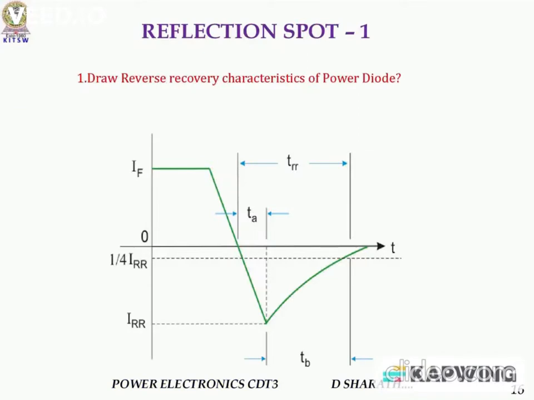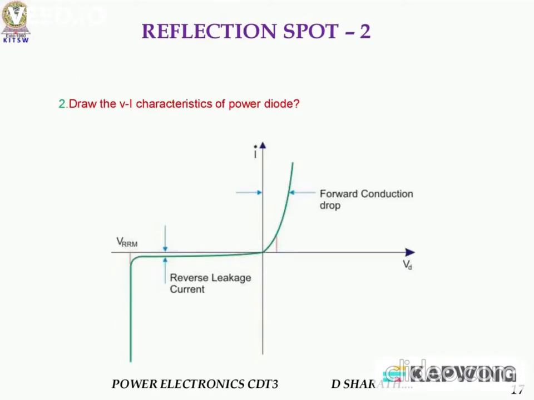Coming to the reflection part, students, you have to concentrate on this particular thing, that is, the reverse recovery characteristics of the power diode. In this you have to analyze what is TRR, what is TA, what is TB, and how the forward current changes in the power diode with respect to time. You have to learn why we get all these things. Coming to reflection part two, you have to analyze the VI characteristics of the power diode.